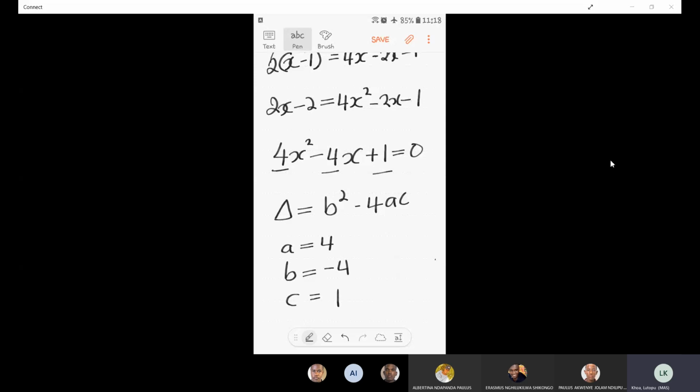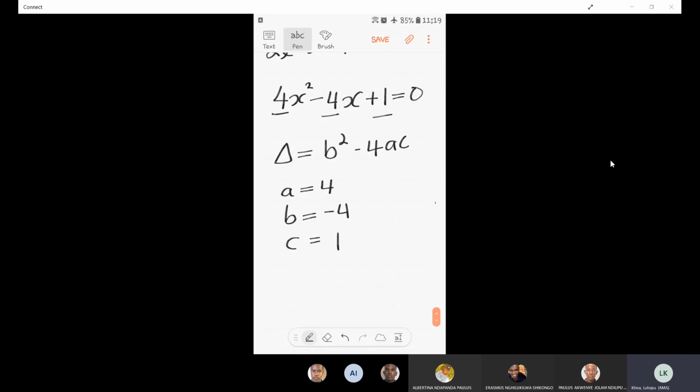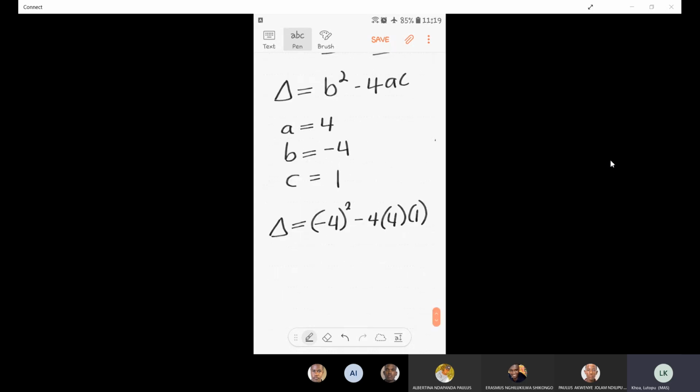Then I work out my discriminant. This is equal to b squared, so this is negative 4 squared minus 4 times a, which is 4, then times c, which is 1. So this is 16 minus 16. This is equal to 0. So if my discriminant is 0, I look at the conditions that I gave.